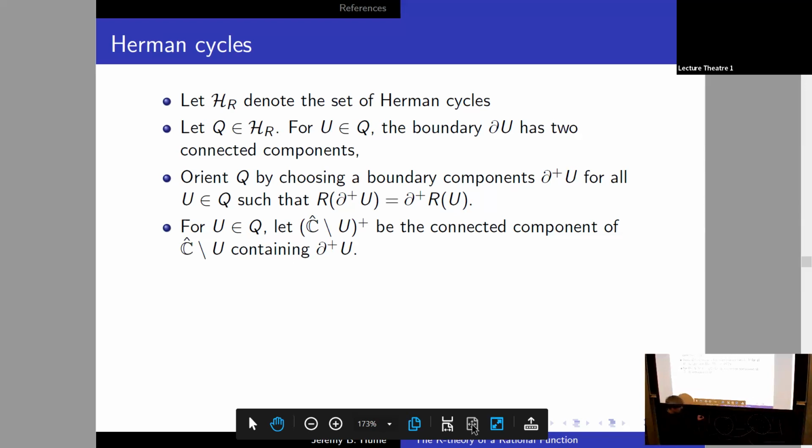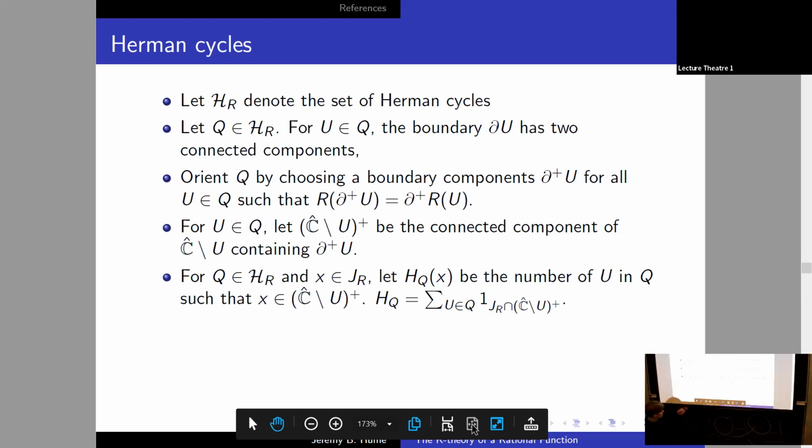And what our functions are going to be doing is measuring the overlapping component, how many times the positively oriented components overlap. So we get a function for each Hermann cycle, which we'll denote HQ. And in this example, the orientation is overlapping twice in this large region.